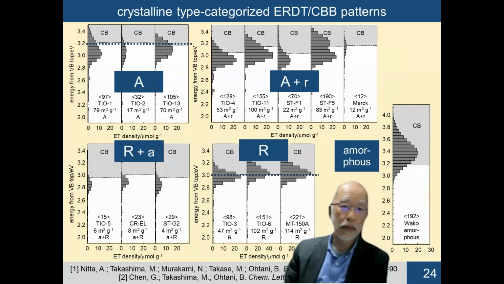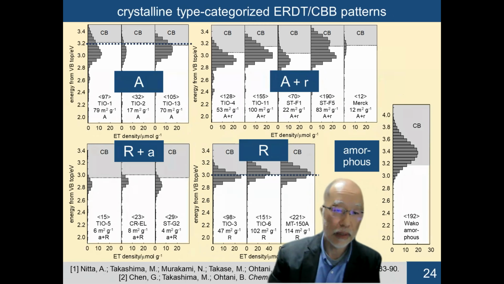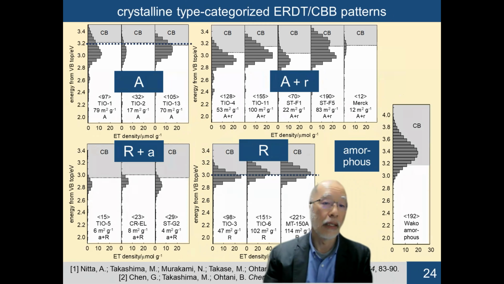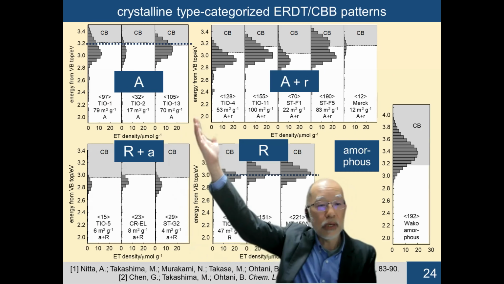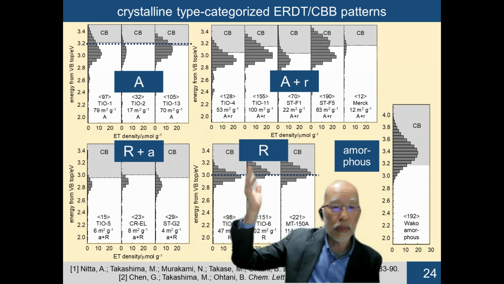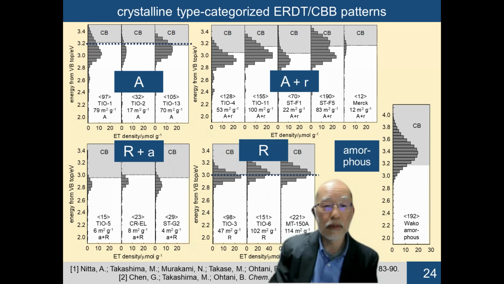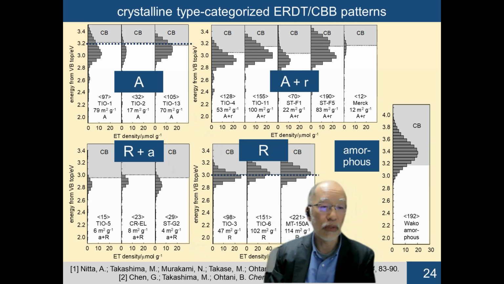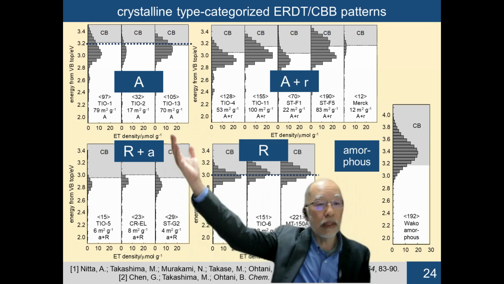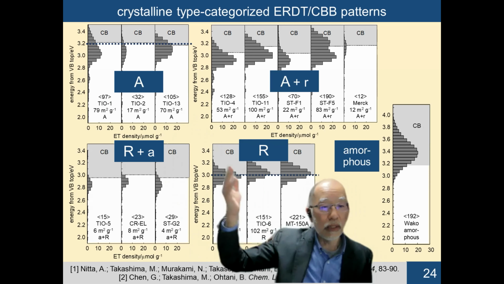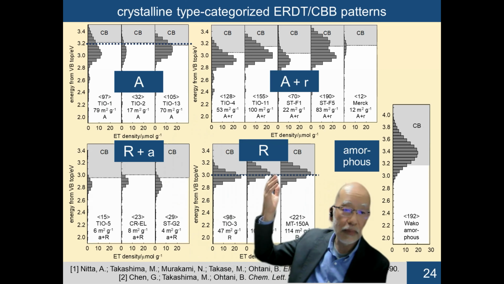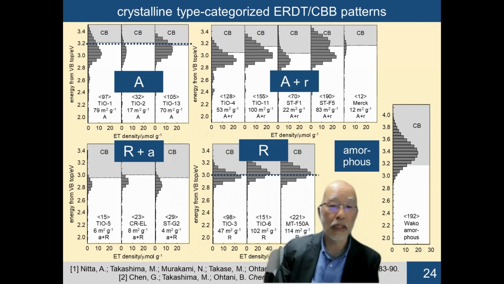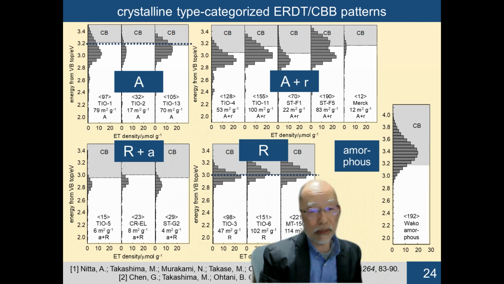This is a representative result of the electron trap distribution analysis. A means Anatase, and R means Rutile, the representative titania crystalline structures. For samples containing only Anatase or only Rutile, this dotted line is the conduction band bottom, which shows the bulk structure.